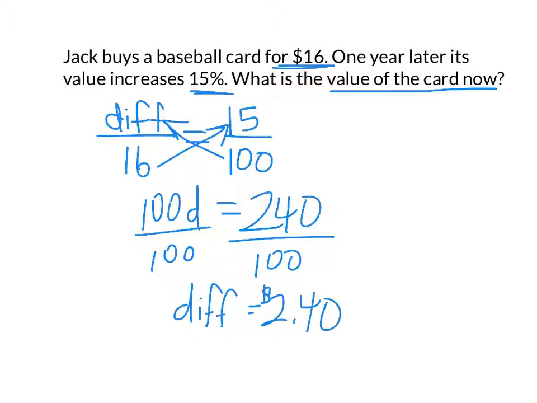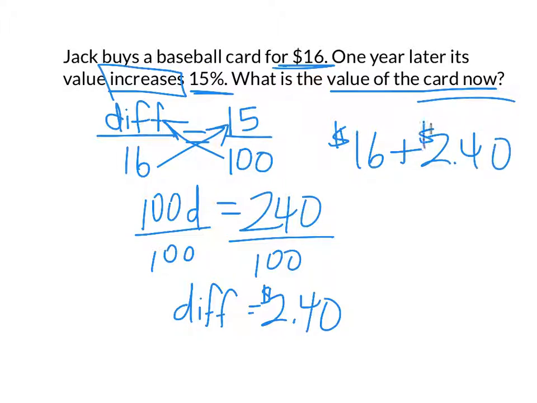So what do I do with that $2.40? Does that mean that's the value of the card now? Hopefully quickly you see that's not quite true. That it's an increase. So I need to increase $16 by $2.40. So that means the card is now worth $18.40.